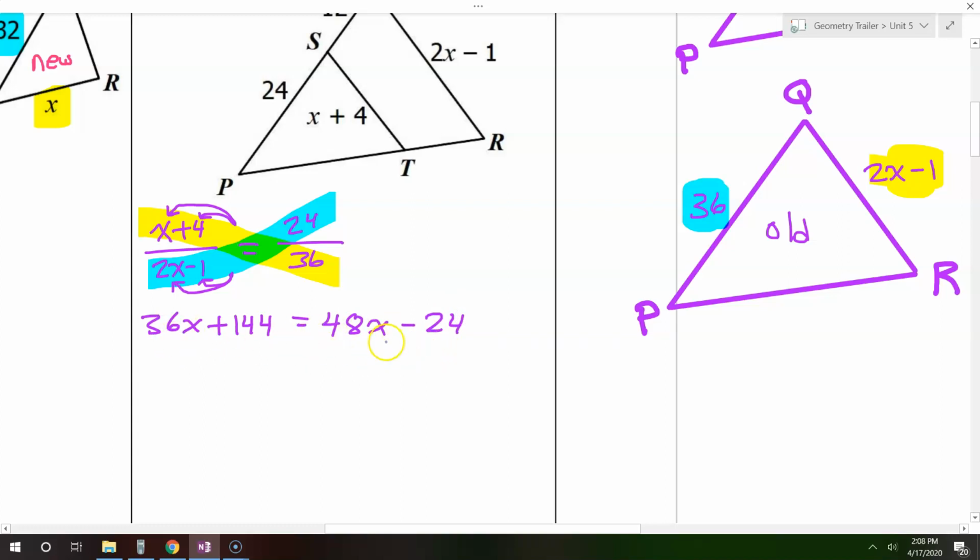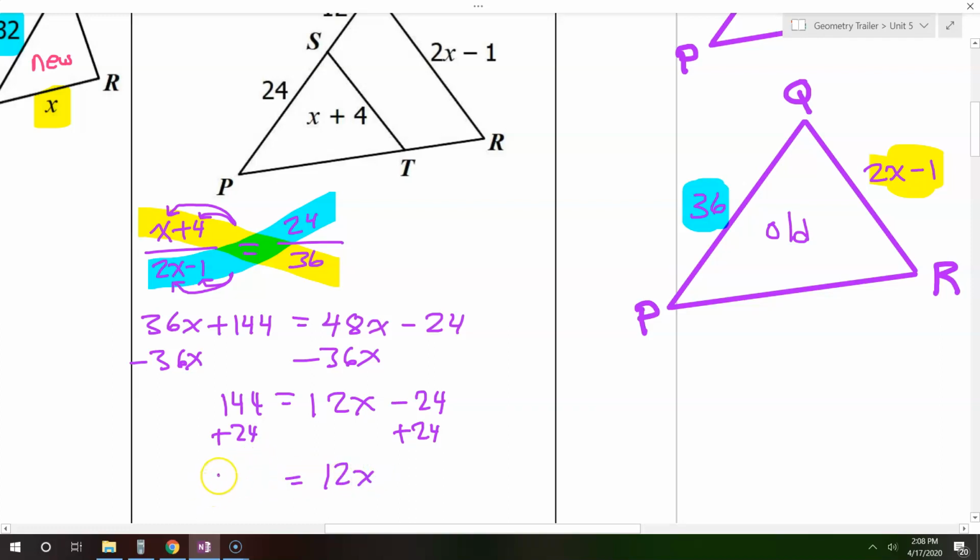So we need to get these x's together, so let's subtract 36x from both sides. So that's going to leave me with 144 is equal to 12x minus 24. All right, we add 24 to both sides.